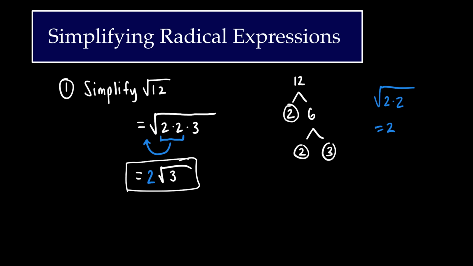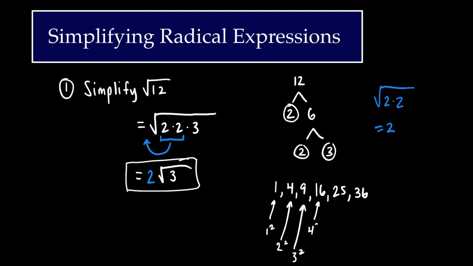Another way to do it is people like to break down 12 and try to find the largest perfect square. By perfect square, I mean numbers that you get by multiplying whole numbers by themselves. Some of the first perfect squares are 1, which is 1 squared, 4, which is 2 squared, 9, which is 3 squared, and so on and so forth.